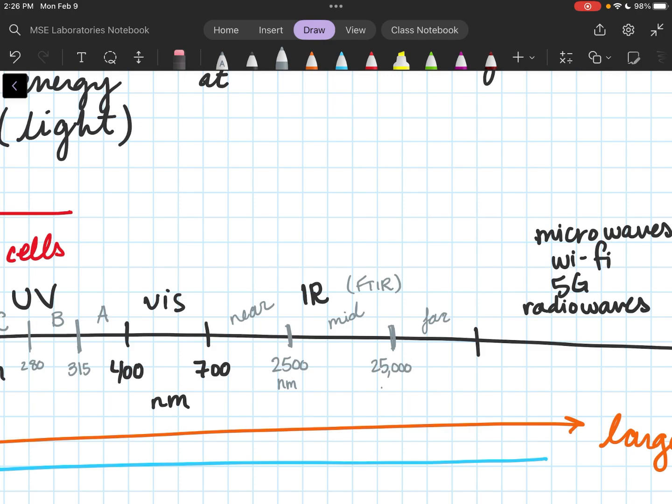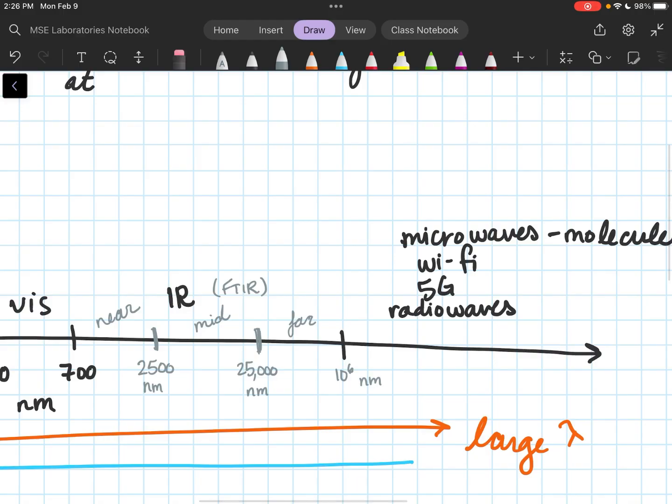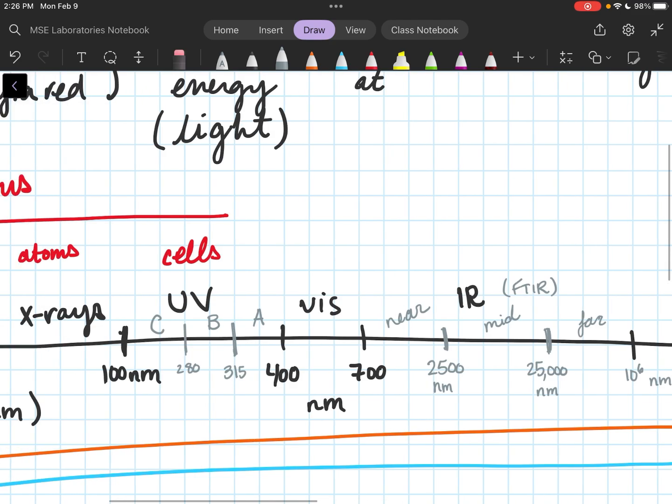And mid goes to 25,000 nanometers. So a huge jump there. And then far is somewhere in the millions, 10 to the 6th. If we're talking millions of nanometers, at that point we start measuring in microns or micrometers, or even millimeters or meters for some of these. So we do adjust our unit as we get bigger.